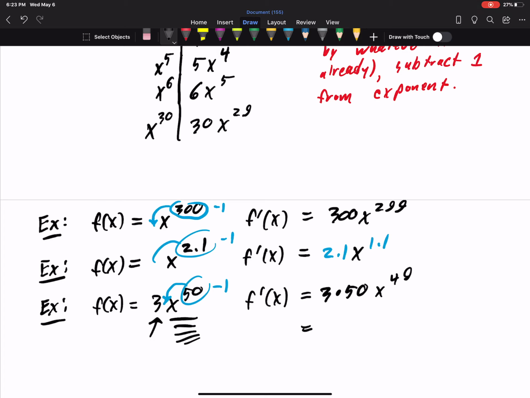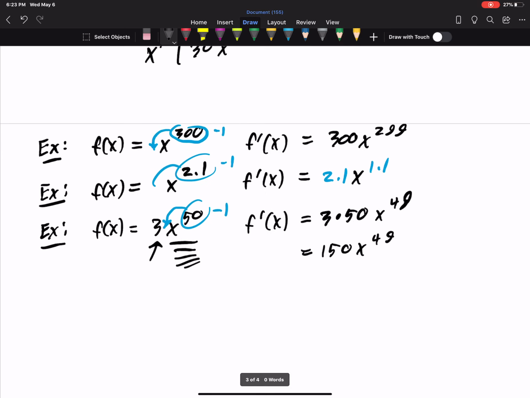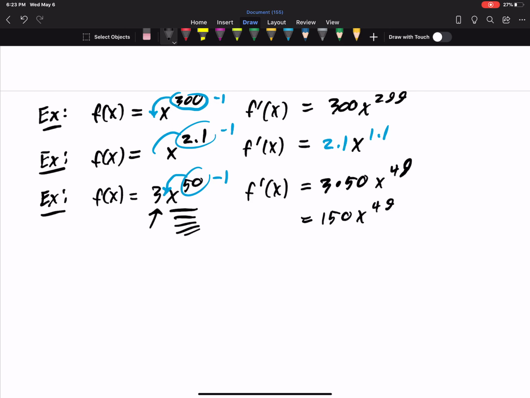So 3 times 50 is 150. Then we have x to the 49th. That's the derivative. So you take your exponent, you multiply it by whatever's in front, subtract 1 from the exponent, and you're done. That's how this works every single time. Let's do another example of that real fast, and then we'll talk about the linearity of the derivative.